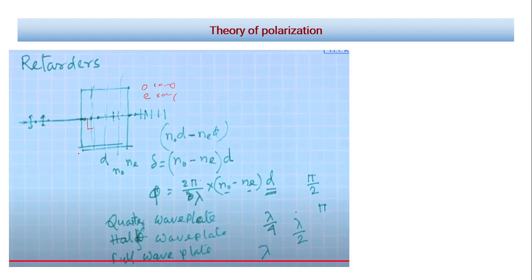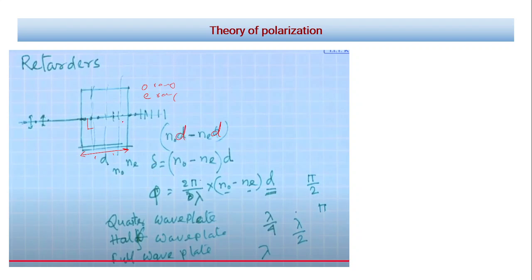So what will happen, depending on the distance they travel, or depending on the width of this material, which we call d, there will be some phase difference in these two parts of the same light, which will again combine when they come out. And the path difference, which we can give by, this is the refractive index for the O ray, this is the refractive index for the E ray, and this is d, which is the thickness of the path which they are covering.